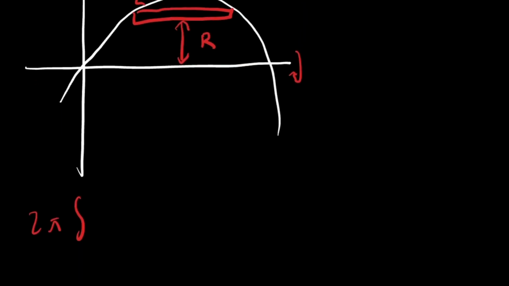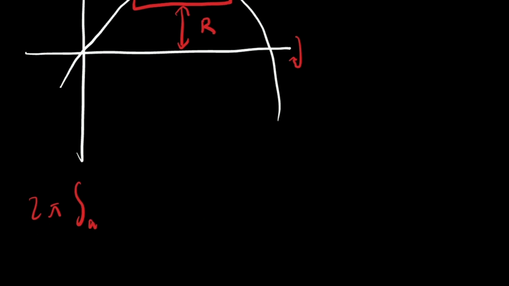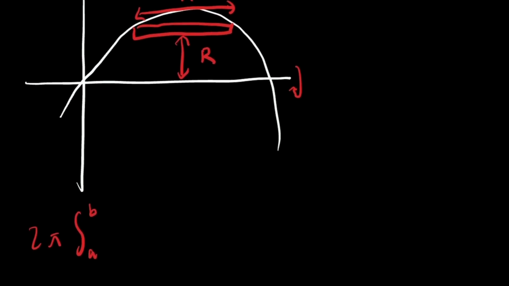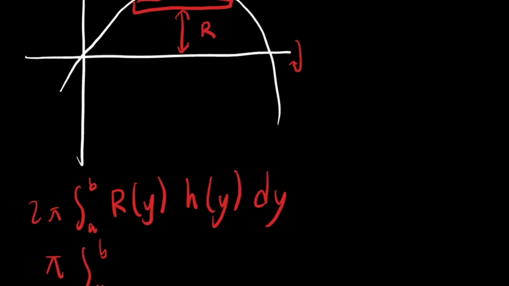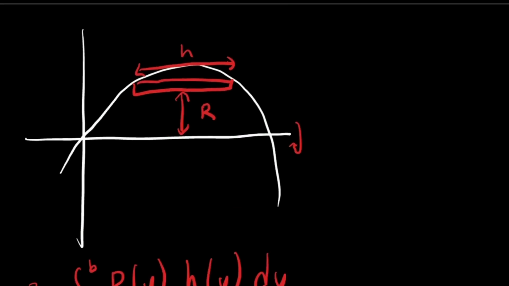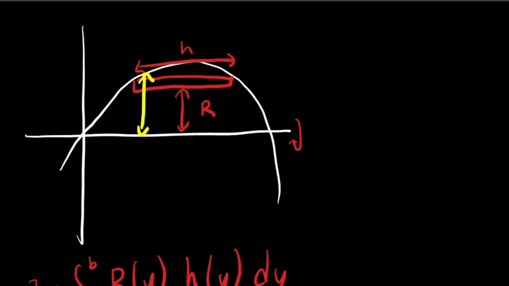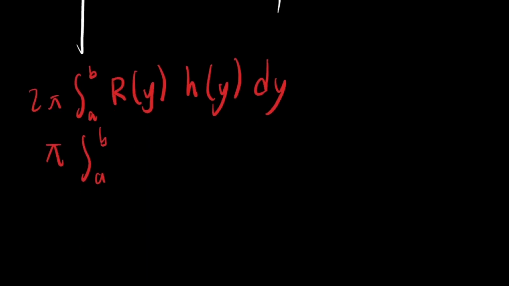So the formula would be 2 pi times the integral from a to b of r of y h of y dy. If you were using washer or disk method in this situation, you would actually not need to account for a hole because there's no hole in that distance. So it would simply just be f of x squared dx.